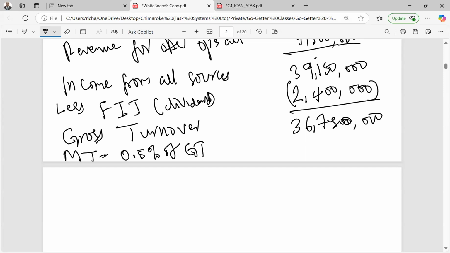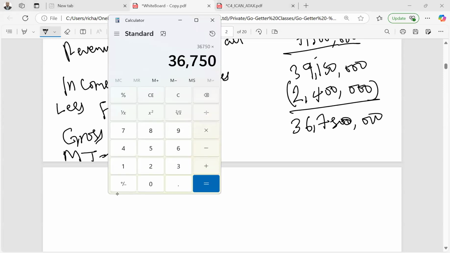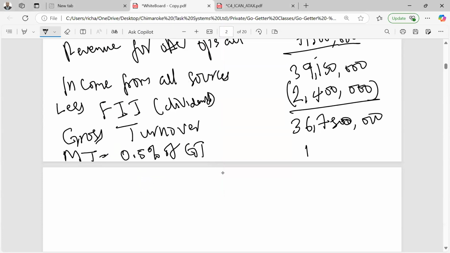So let's calculate it. We multiply by 0.5 divided by 100. It means you pay 183,750 as your minimum tax.